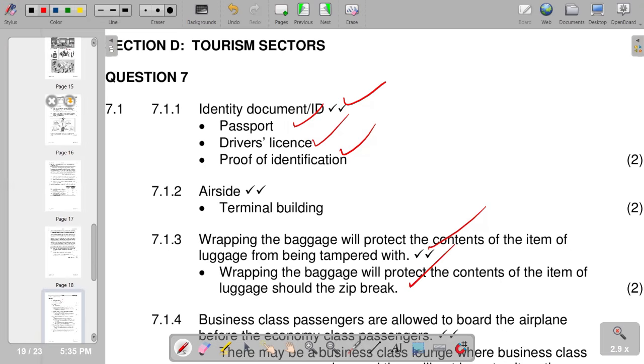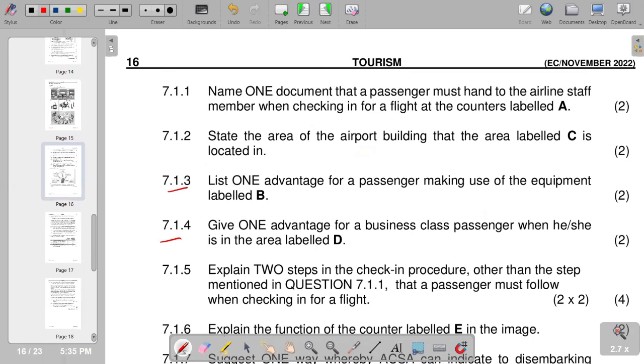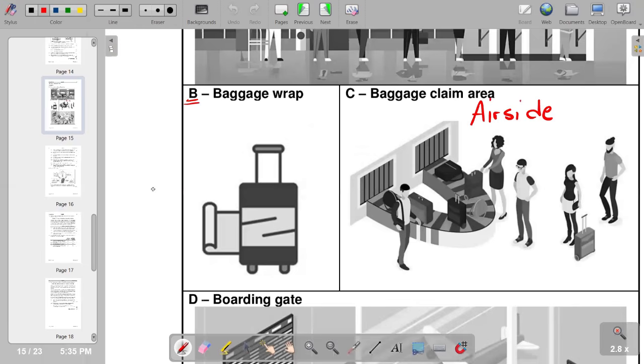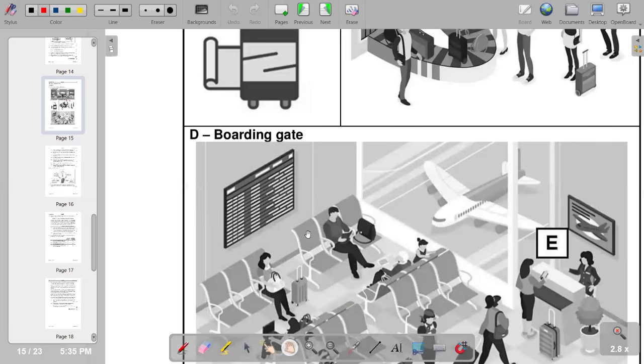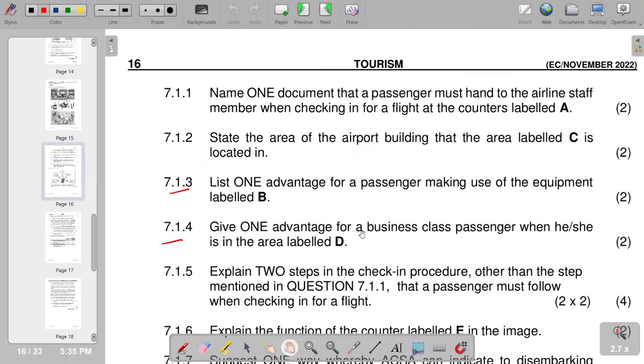Then moving on to the next question, 7.1.4. Give one advantage for a business class passenger when he or she is in the area labeled D. D is our boarding gate. So what is the advantage?